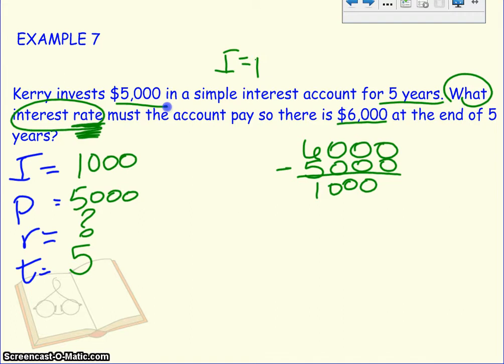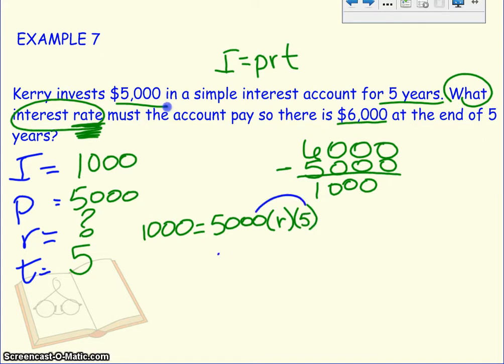Again, I equals PRT. Hopefully this is drilled into your head at this point. And my formula, I'll just plug in 1,000 equals 5,000 times the rate, which we don't know, times the time. Now when I multiply these two values together, I get 25,000 times the rate equals 1,000.